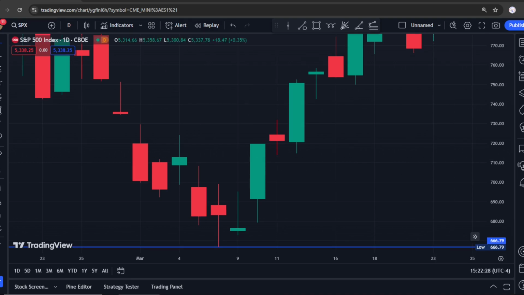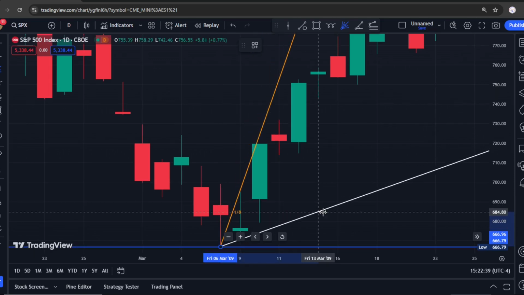What I'm going to do is draw lines that are similar in structure, and I'm also going to show you a technique with the Gann fan to verify and make sure that I am doing the right thing.